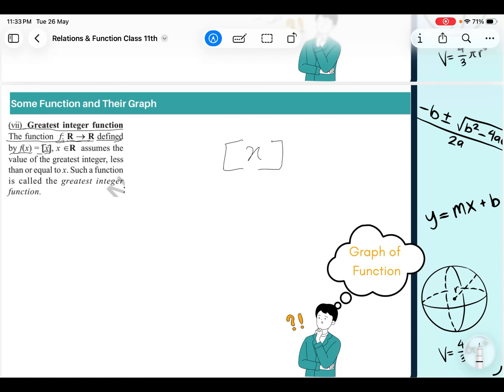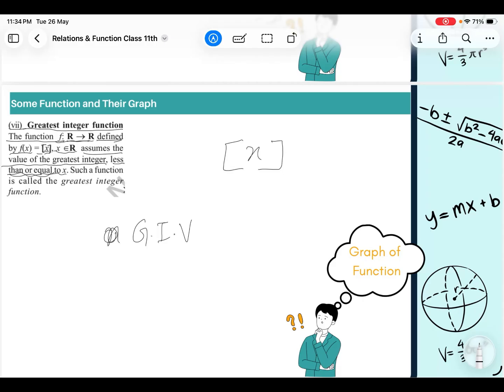Okay, while you are thinking, let me tell you the meaning of this. For x belongs to R, it assumes the value of the greatest integer less than or equal to x. Suppose we have a value, we have to find the greatest integer value, right?